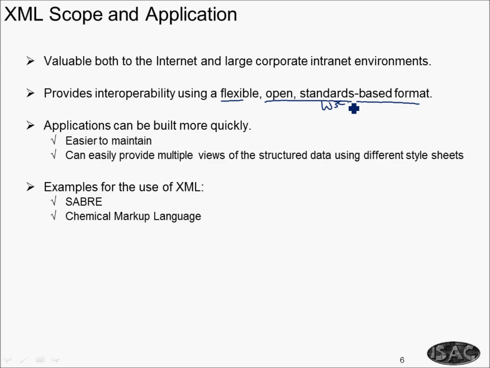There are a number of examples for the use of XML. There is a Sabre example, there is Chemical Markup Language. It is used in various kinds of online e-commerce. It is used in the publishing industry.